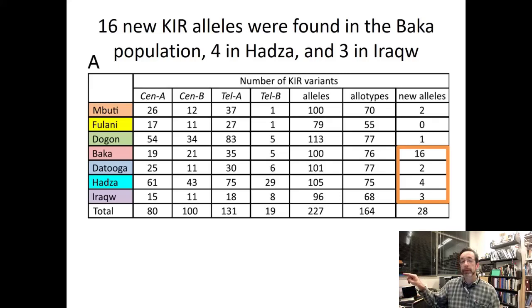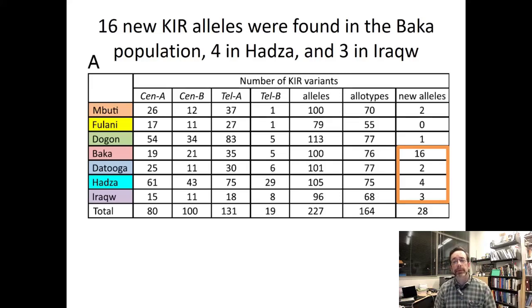So if you look over, you can see sen A and sen B, the total haplotypes add up to 180. But the tel A and tel B haplotypes do not add up to 180. That's just a consequence of the fact that these are groups of alleles, and what they call allotypes.